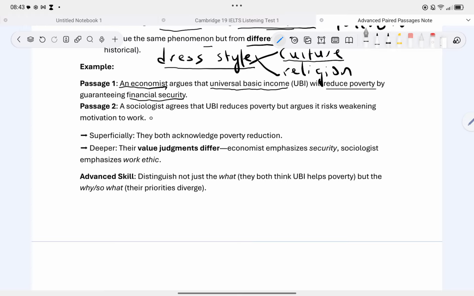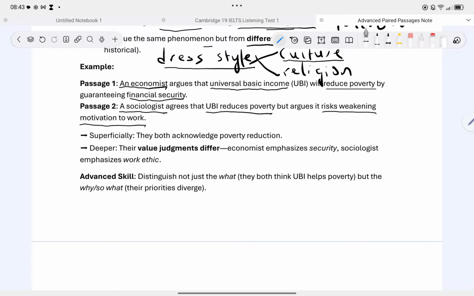Now, passage 2 says a sociologist agrees. So we have a different person speaking, a sociologist. They agree that UBI reduces poverty, which is what passage 1 says. However, they have a different perspective or value, but argue it risks weakening motivation to work.